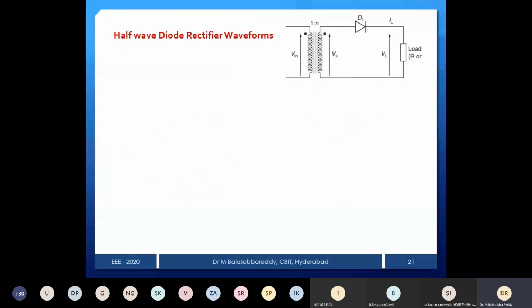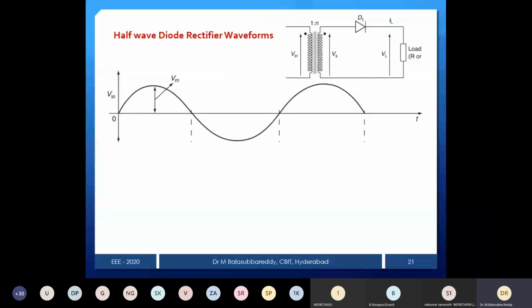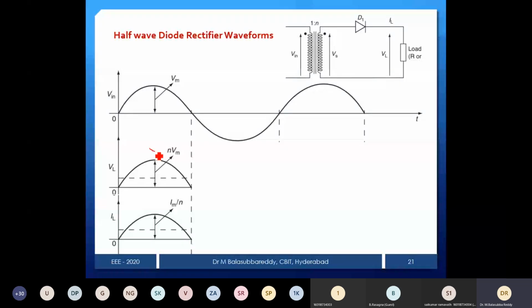Now suppose it is a half-wave rectifier, you can observe the same thing with the different voltages and currents. During this condition, when the diode is on, the output is the same as the input. So input and output are shown exactly the same, and the load is resistive, so the voltage and current waveforms are the same, only the magnitude reduces by the transformer turns ratio.